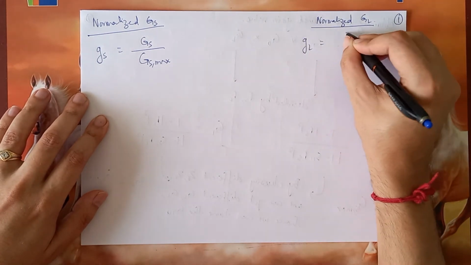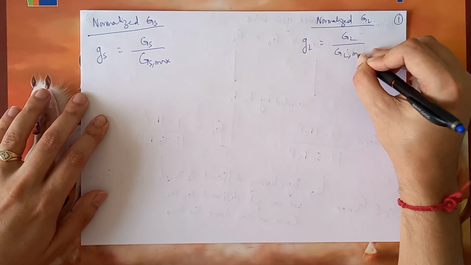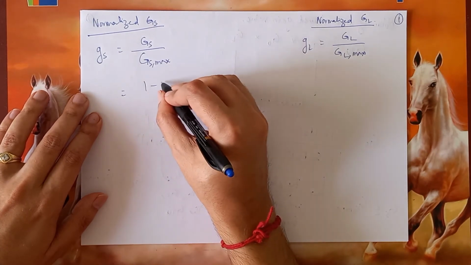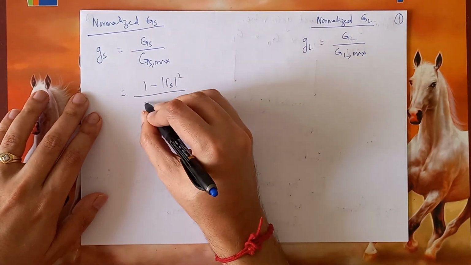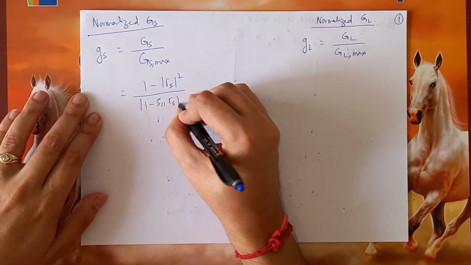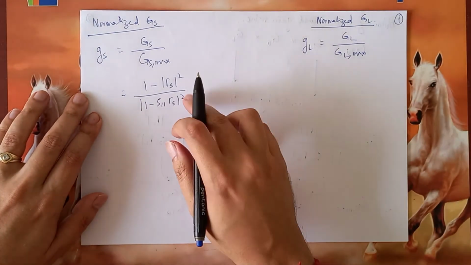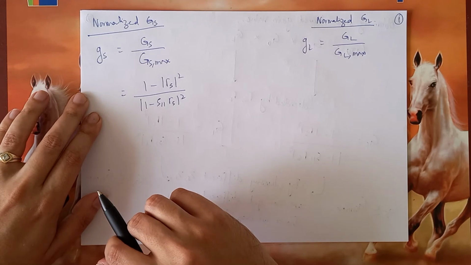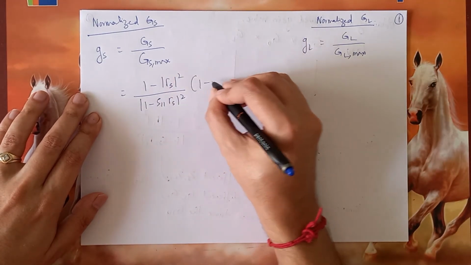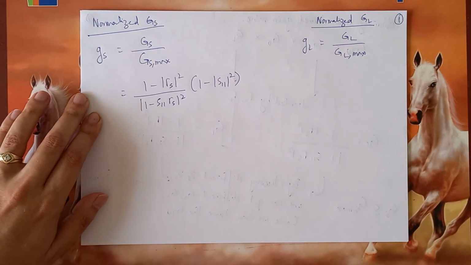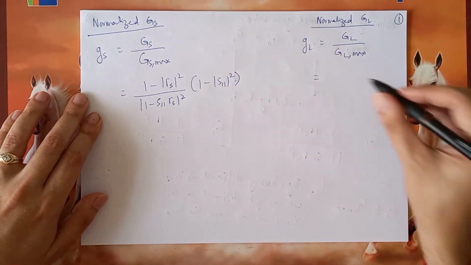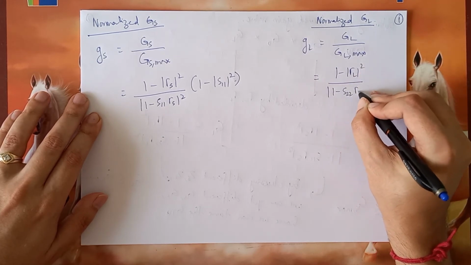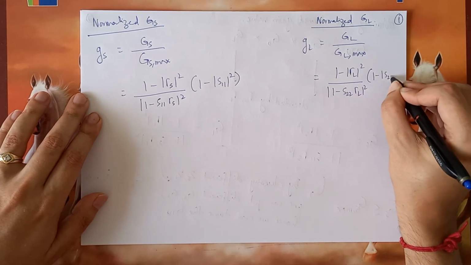Likewise, small gl will be the gl that we want divided by the gl max. So gs, as we know, is this whole thing divided by the gs max, which is 1 by mod of 1 minus mod S11 square, which will come again in the numerator, which will be 1 minus mod S11 square. Likewise, the normalized GL will be 1 minus mod gamma L square divided by mod of 1 minus S22 gamma L square times 1 minus mod S22 square.